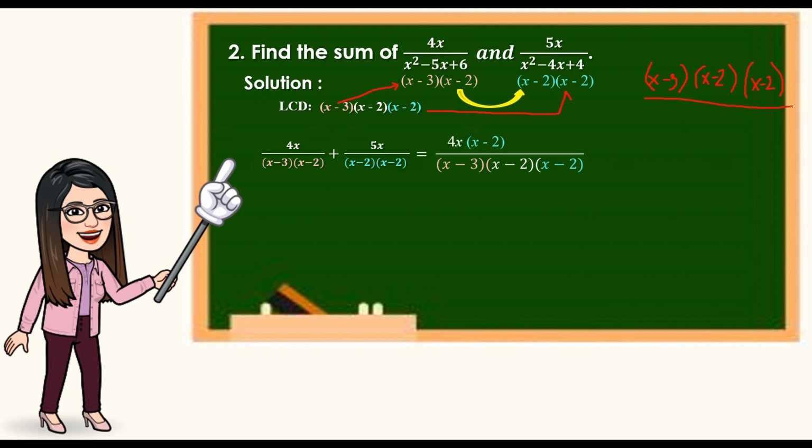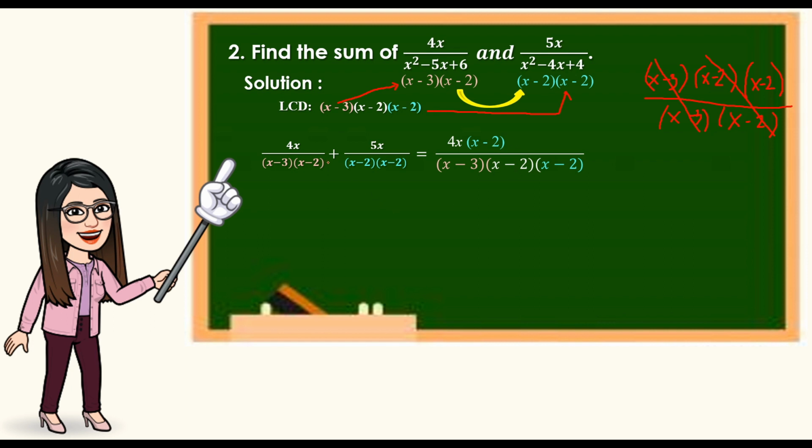Let us divide by x minus 3 times the quantity of x minus 2. The operation here is division, so we will cancel out x minus 3 and x minus 3, and then x minus 2 over x minus 2. What's left here is x minus 2. So this x minus 2 will be multiplied to 4x. So we have 4x times the quantity of x minus 2.